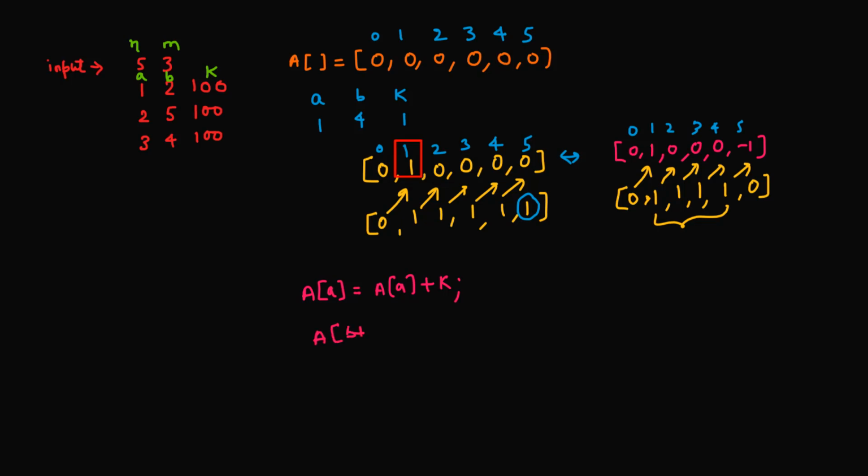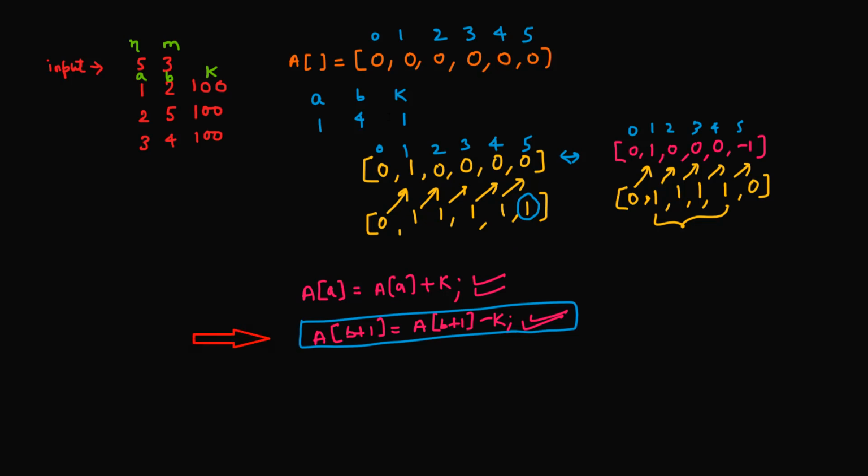This statement will add the element, and once you apply the prefix sum algorithm, that effect will continue till the end. And this statement will take care that the effect should not go beyond the B index. So by using this statement, we are negating that effect. So these 2 points you have to remember, guys. If it's not clear, just bear with me. I will do the same thing in front of you so that you can see how it works.